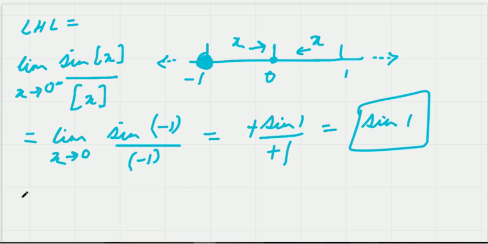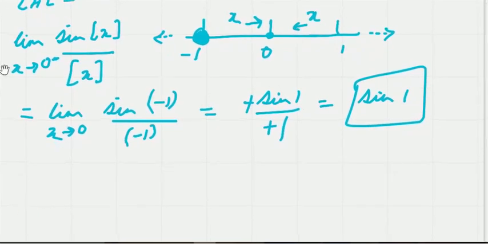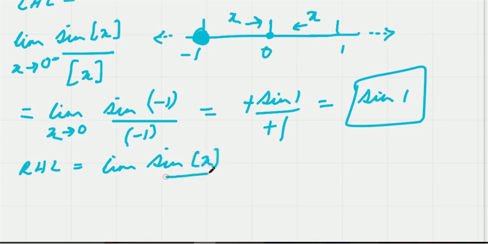Now let's examine the right hand limit. Right hand limit of sin of [x] upon x as x tends to 0 from the right hand side. And when x tends to 0 from the right hand side, x can be 0.1, 0.2, 0.001.